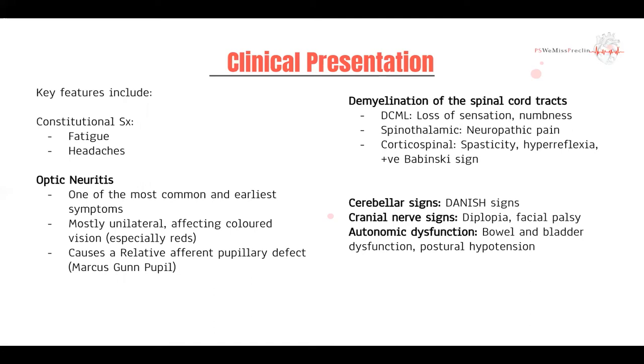When we do our cranial nerve examination on the eyes, one of the tests we do is the RAPD swinging test. So first, let's say you shine a light in the left eye. The retina receiving the light is going to transmit that signal through the optic nerve.